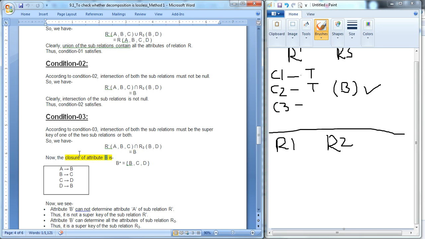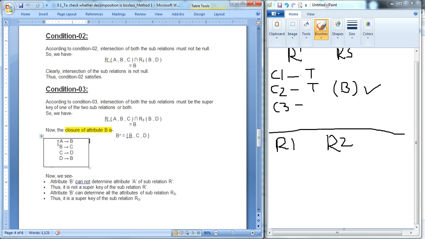I will explain in detail how to identify the super key and the candidate key in the next lecture, right?